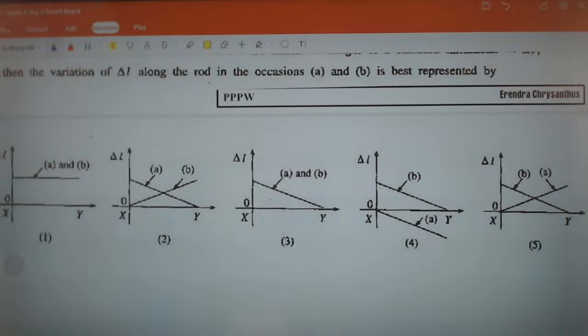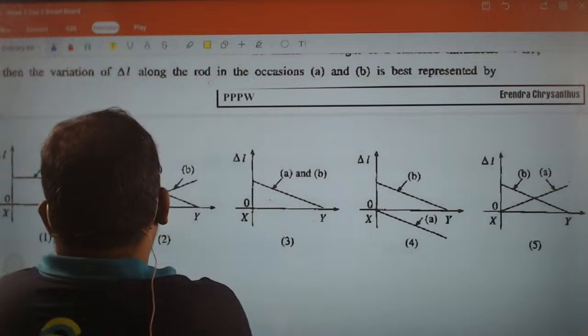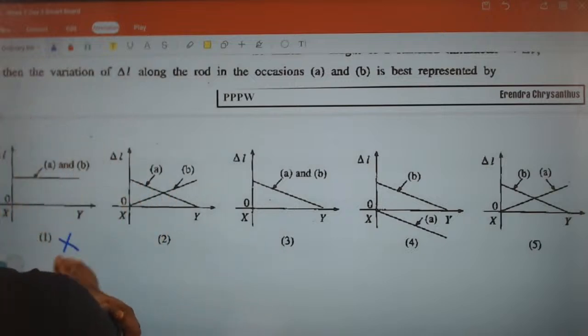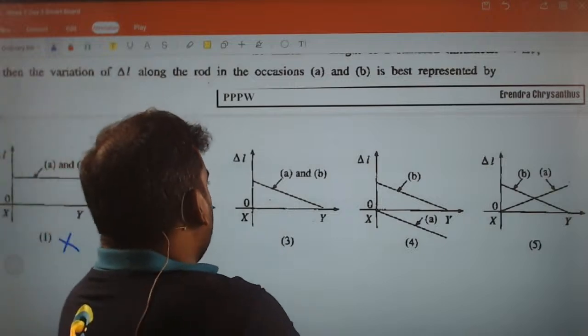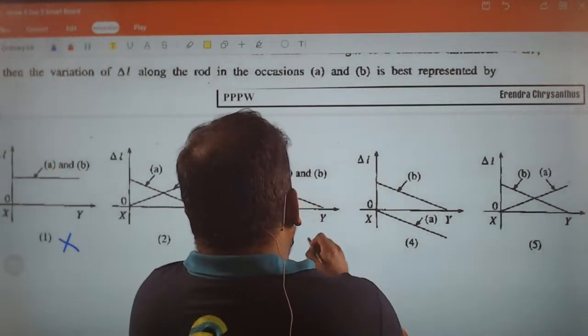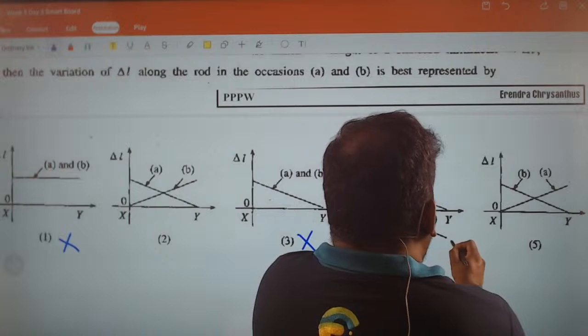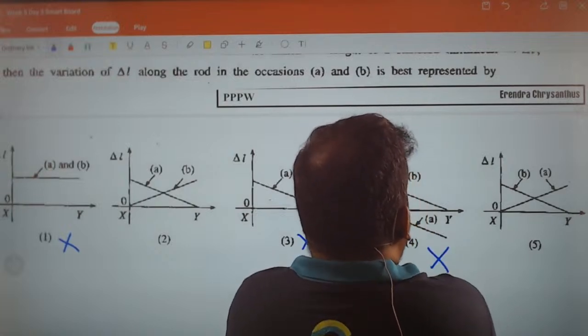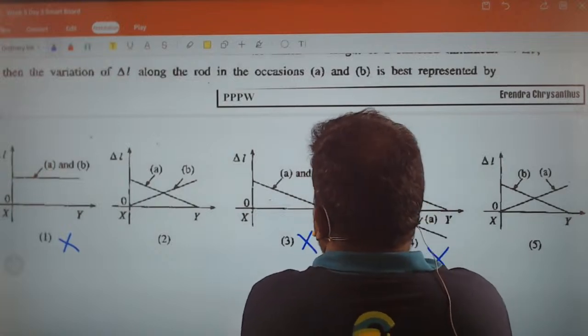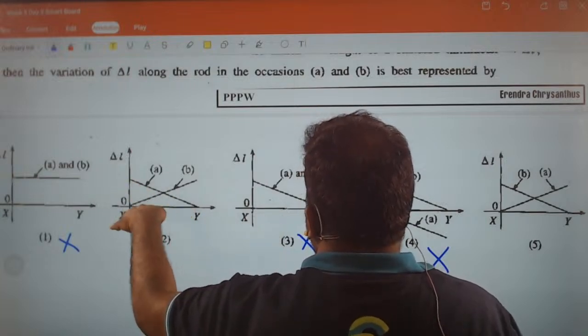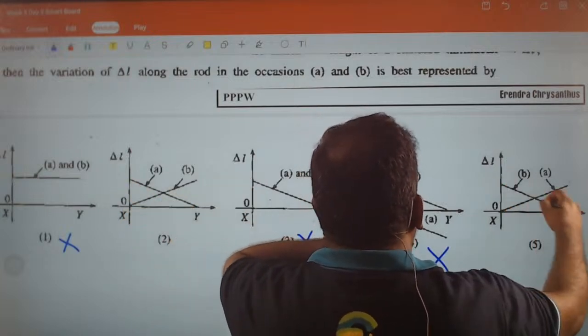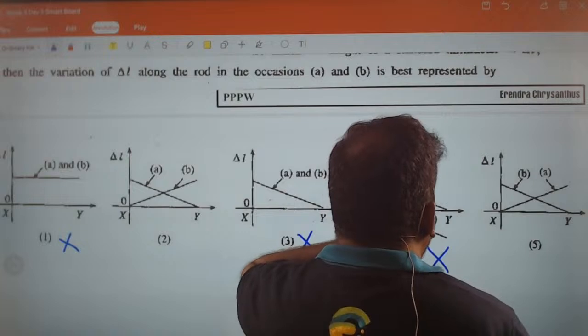Right. So not changing, you can remove. Both are reducing, you can remove. Both cannot reduce. So A is reducing, B is increasing. B is reducing, A is increasing.